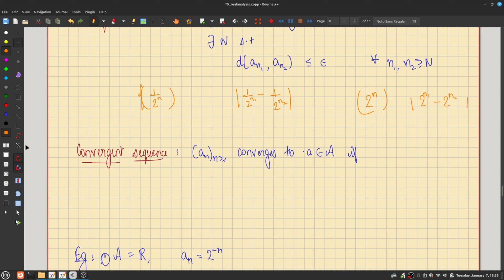Let's take the L2 metric versus the L0 metric. The L0 metric says that for any two numbers, the distance between them is 1 if they are not equal, and 0 if they are equal.